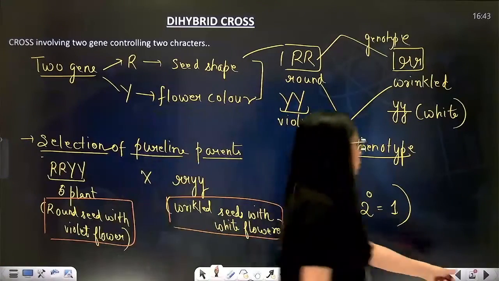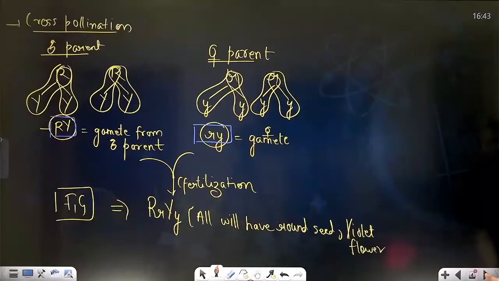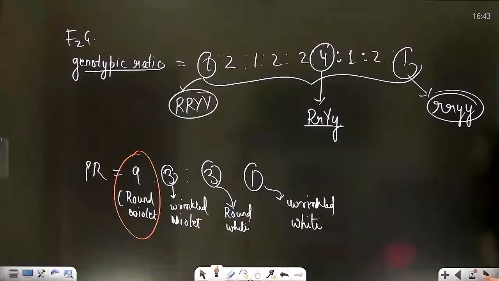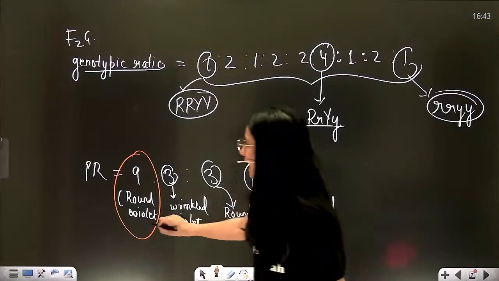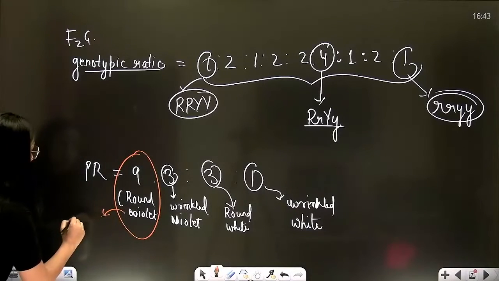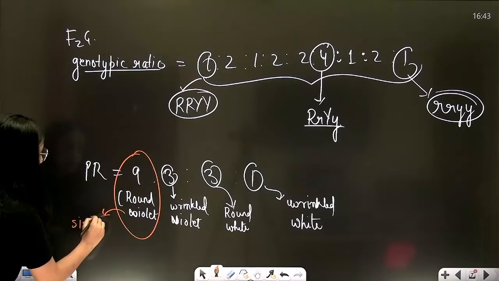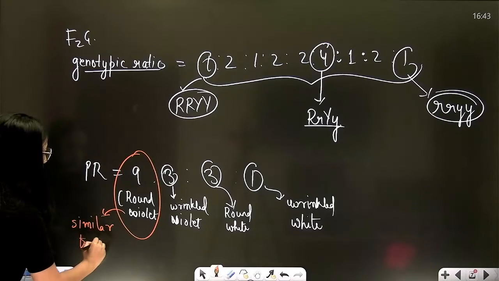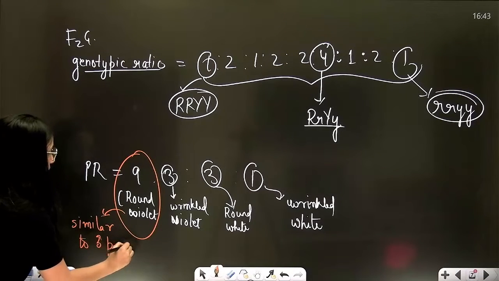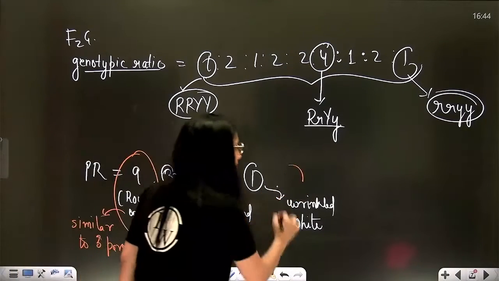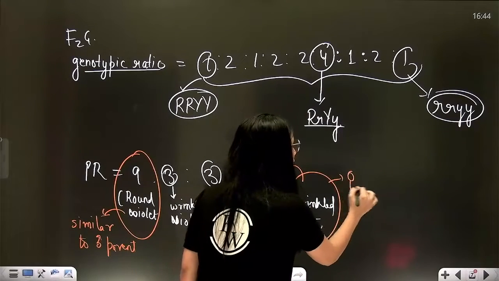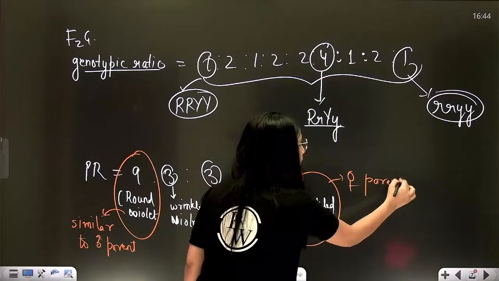Correct? So the ratio which you calculated at last, beta, yes, here. Can you see this 9? So this phenotype is similar to my parent. Similar to the male parent, right? And the last one is similar to your female parent.